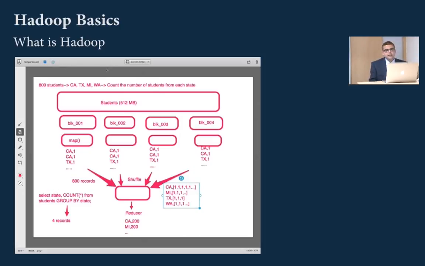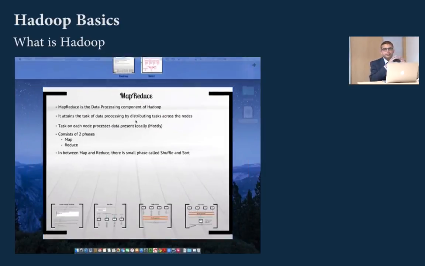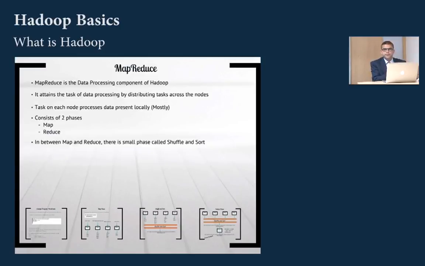Now that we are clear with MapReduce, we've understood one phase of Hadoop, which is HDFS, and another, which is MapReduce. The third phase of Hadoop that we are going to talk about is YARN. HDFS is storing the data, MapReduce is the processing framework, but how are the resources given away? That is done by YARN.